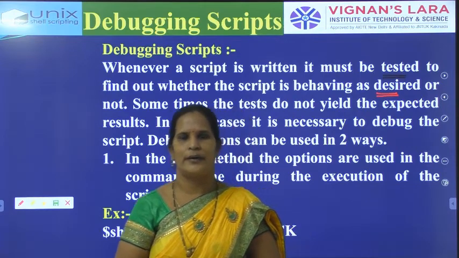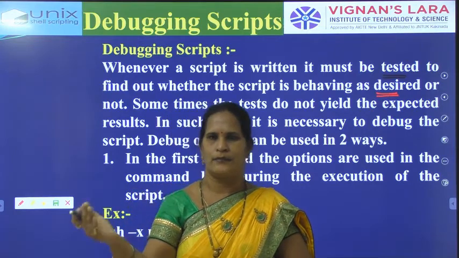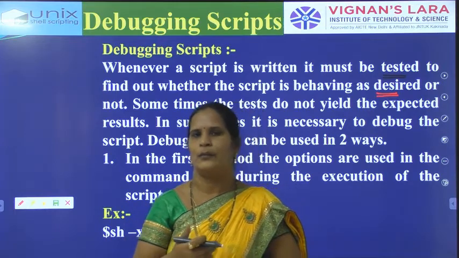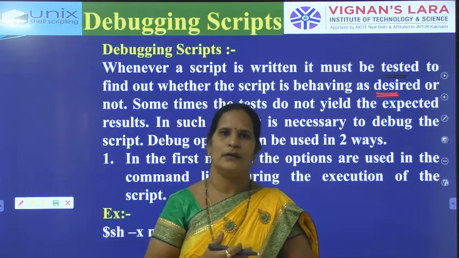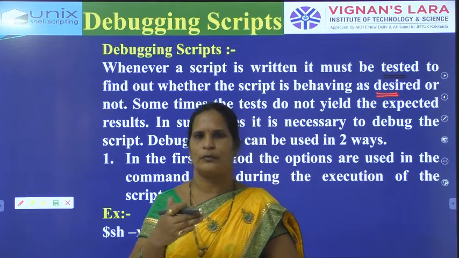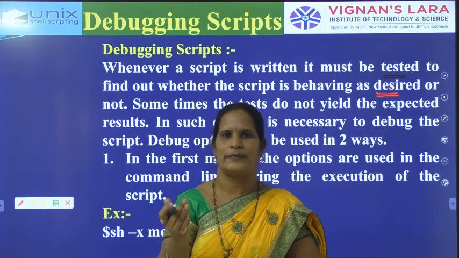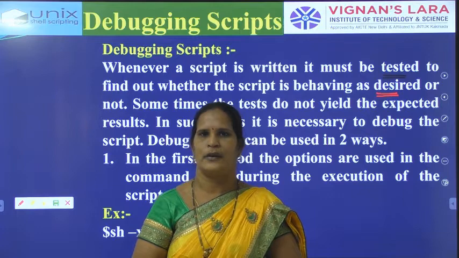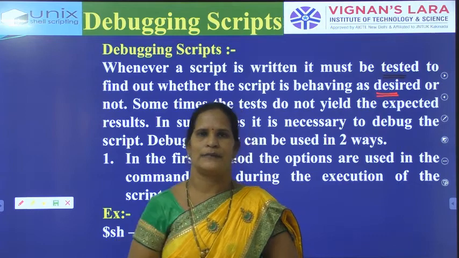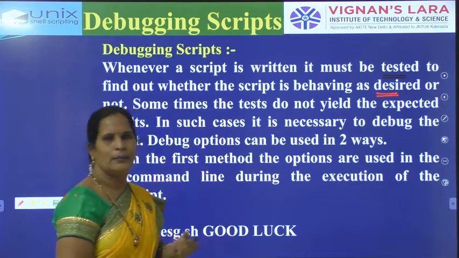One is by specifying sh space -x space filename.sh, followed by some message, for example a command line argument to the program. The other method is that at the beginning of the script we specify set space -x, and it is undone by using set space +x at the end of the script. By using these two methods we can perform the debug operation.